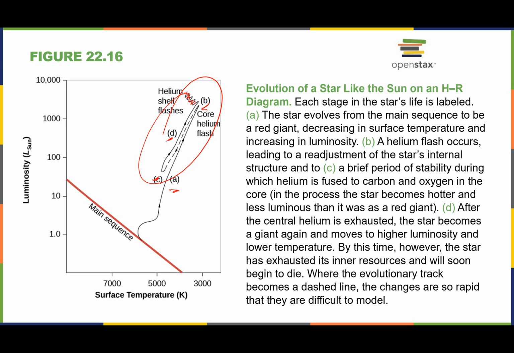Actually, A is brighter here because this is my increasing brightness scale. So this is brighter, and this is dimmer. So near the end of its life, after it leaves the main sequence, it does this sort of up and down in the end. It gets some swinging back and forth. Okay.